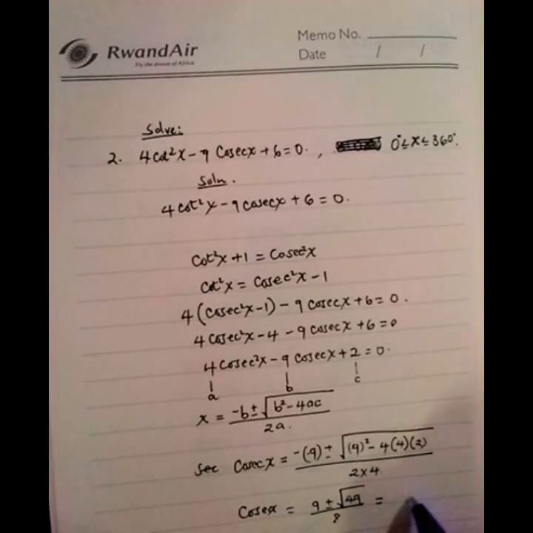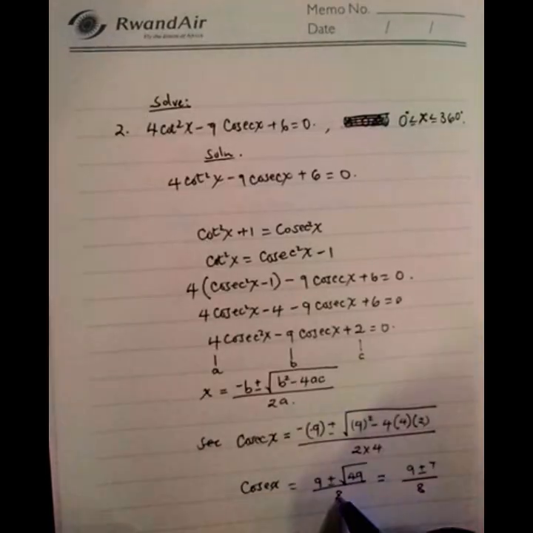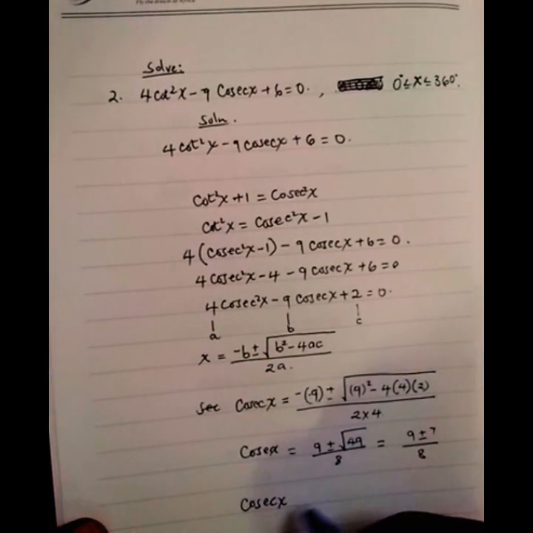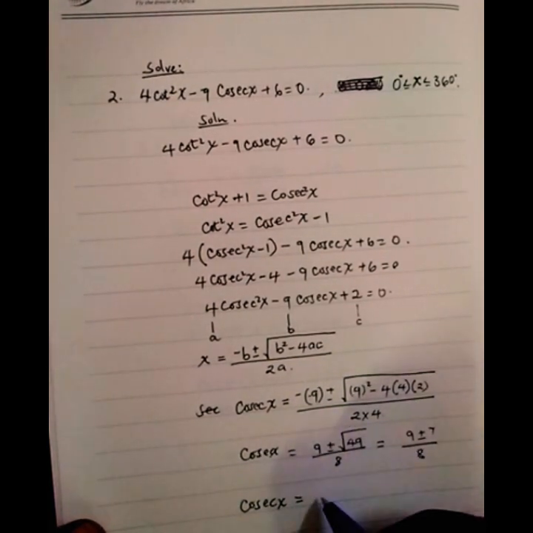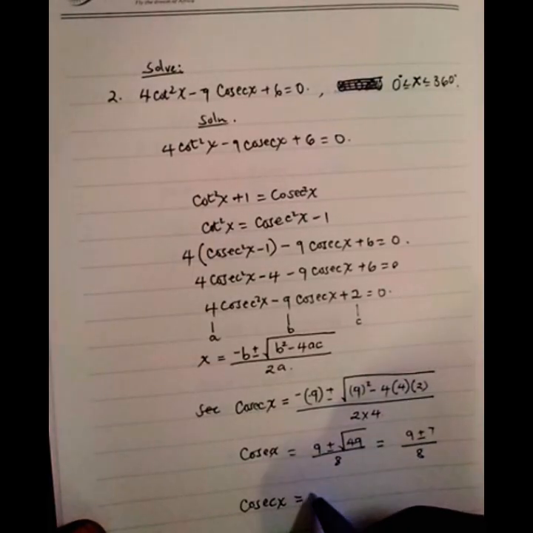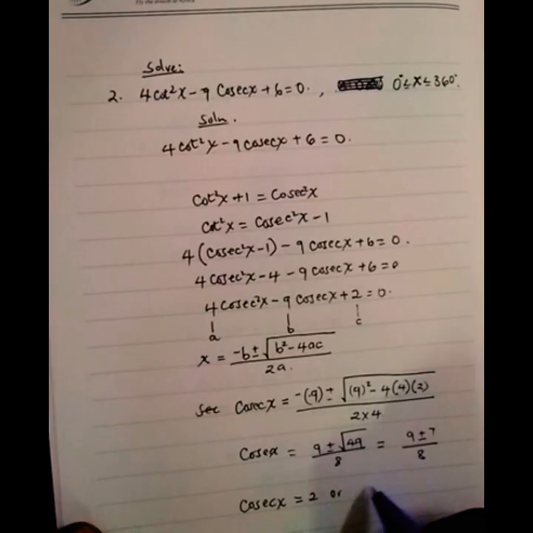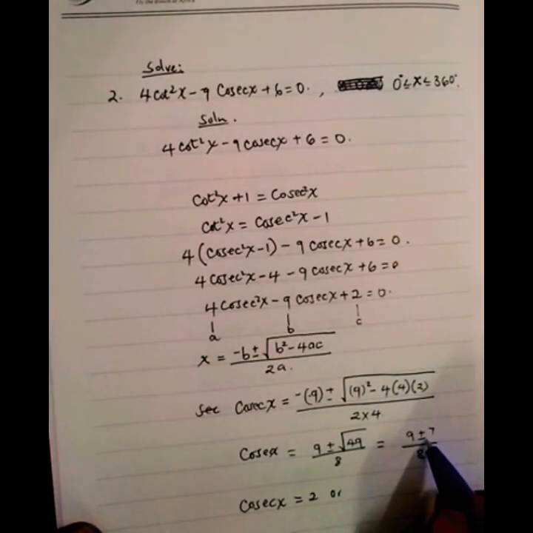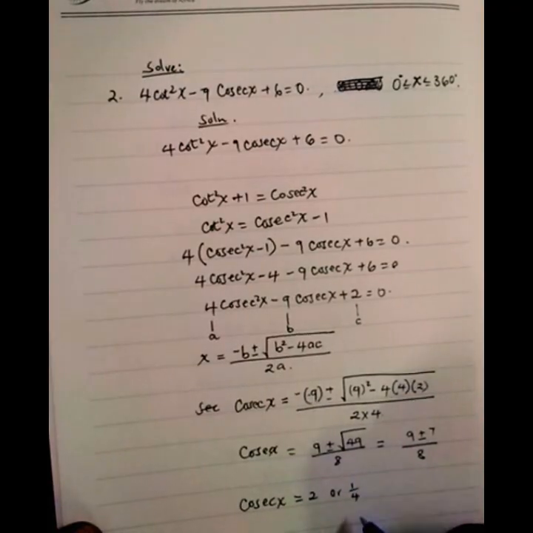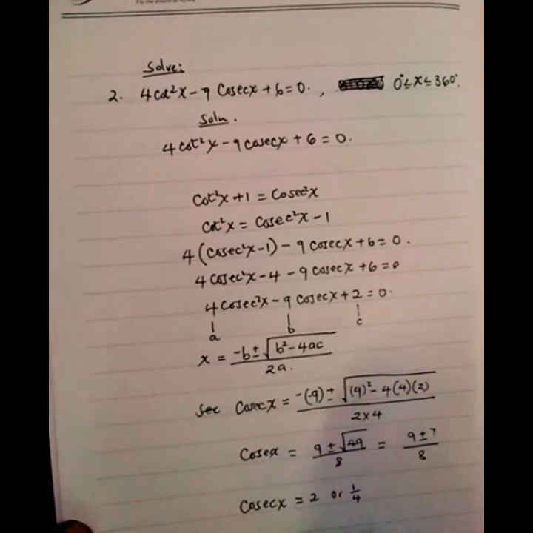So when I simplify this, I have 9 plus or minus 7 over 8. So we have cosec x equals 16 over 8, that is 2, or 9 minus 7 is 2 over 8, which is 1 over 4.